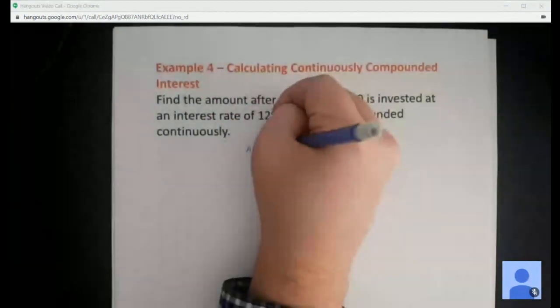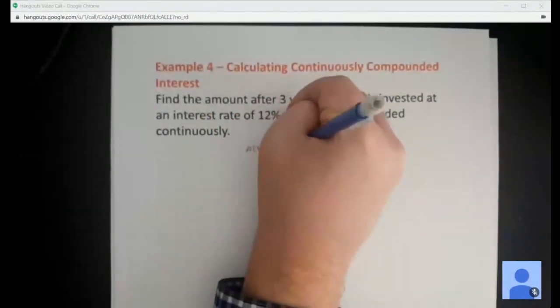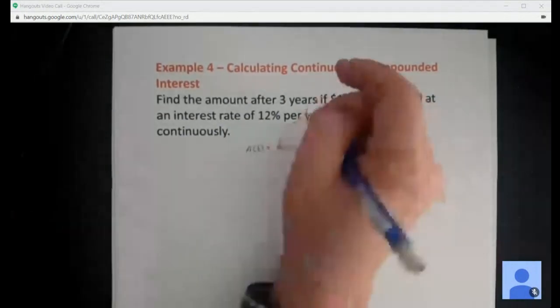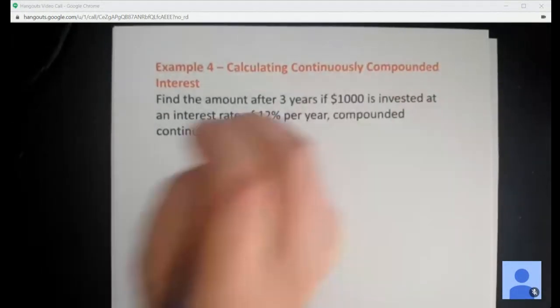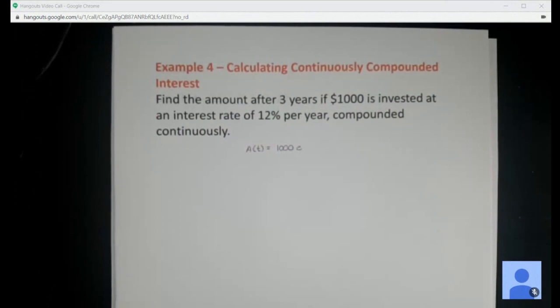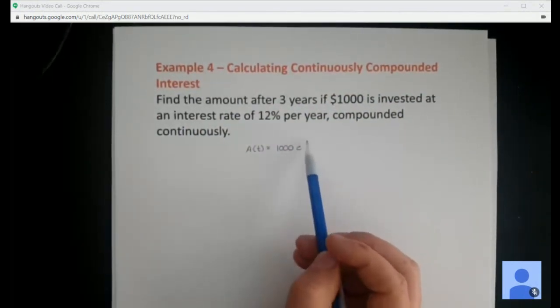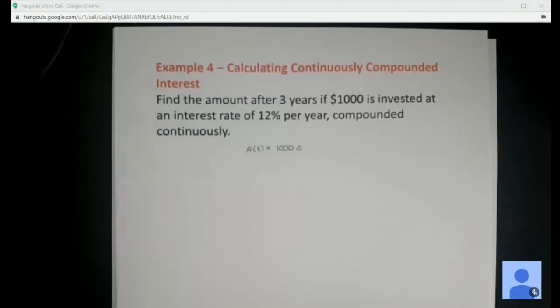Good. So our P value is going to be 1,000. That's our principal, how much we're investing. And remember in this formula, after the P, there's always going to be an e. So whenever you see compounded continuously, it's going to be the principal times e. And now what's going to go in our exponent? Good.